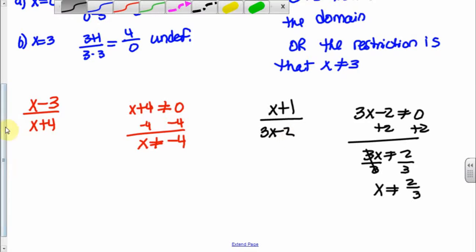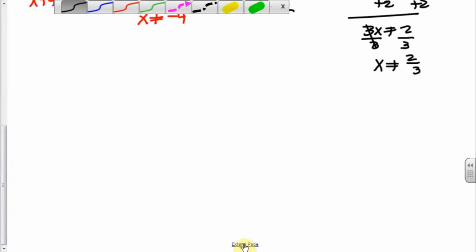All right, so let's move into a little bit more difficult one where we're going to look for a restriction on a variable, but it's not quite as simple as that. So we've got this rational expression, t minus 5 over t squared minus 7t plus 12.